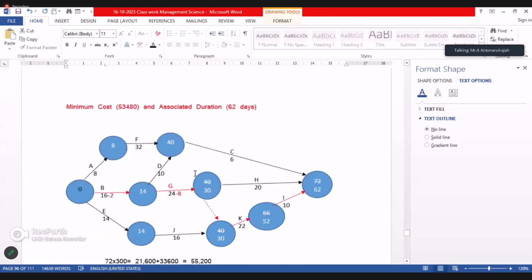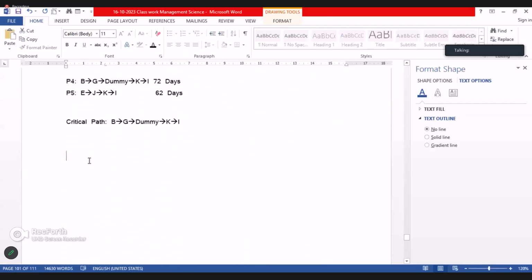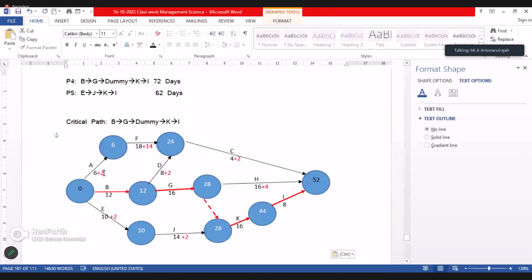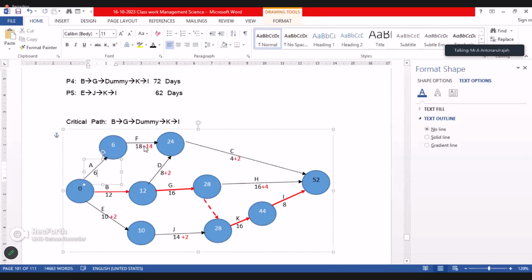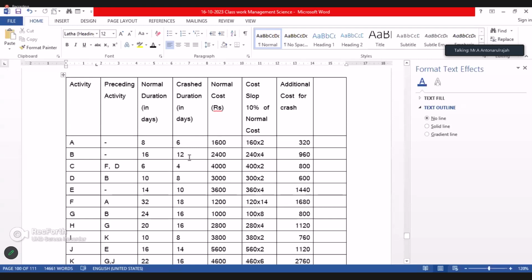Crash duration diagram. I'm copying it here, right? You can save the time. The diagram is this. Okay. Then below, all these adjustments. So if you put in the crash durations, A is 6, B is 12, C is 4.